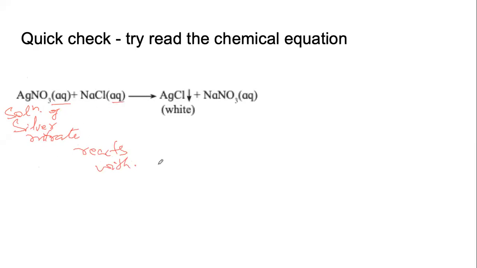AQ means solution of common salt. Arrow to produce. Okay. Yes, we can say silver nitrate, or a solution of silver nitrate, reacts with a solution of common salt to produce AgCl. Ag is silver, Cl is chloride, so silver chloride.